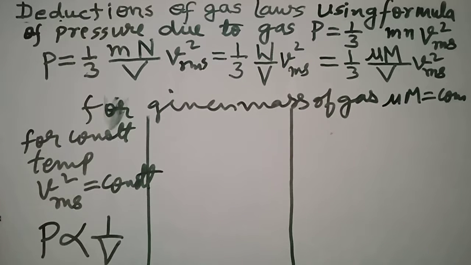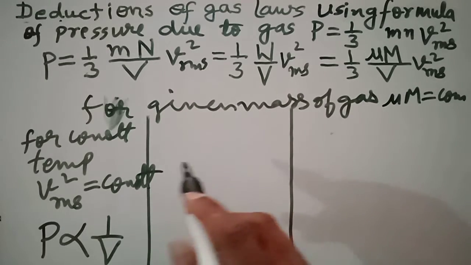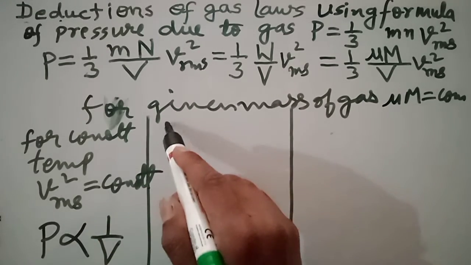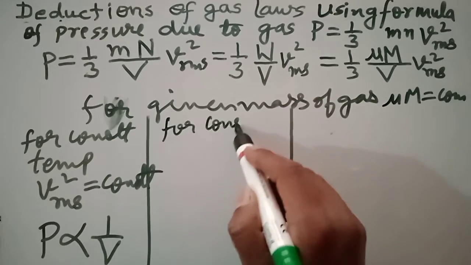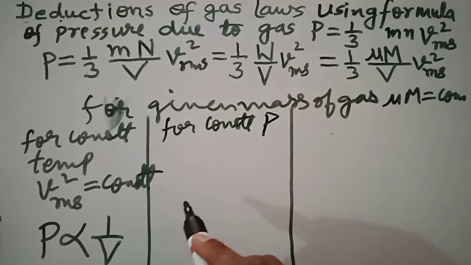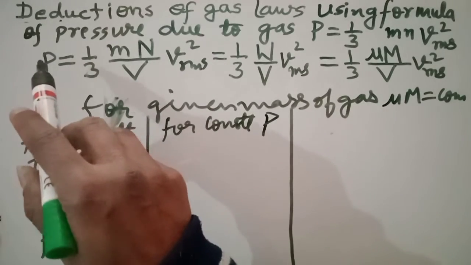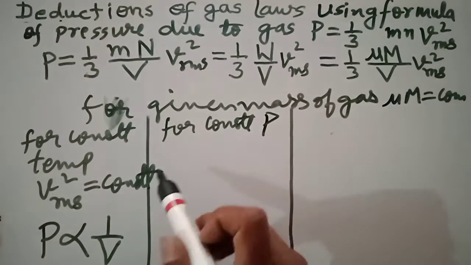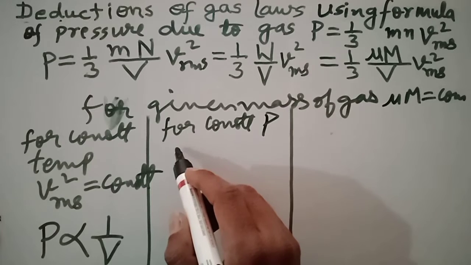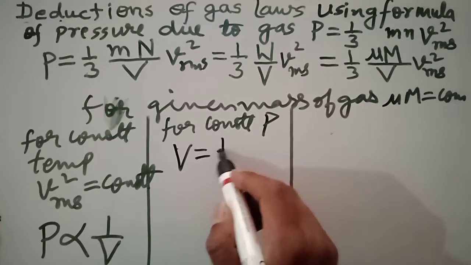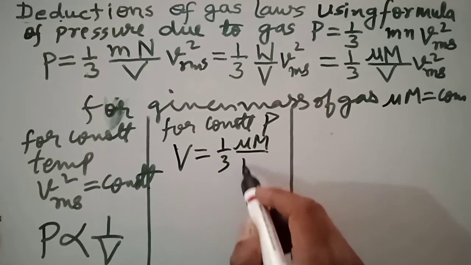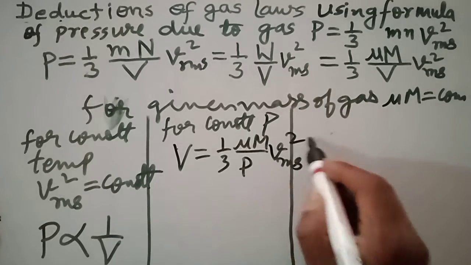Now, Charles' law. Once again, for constant pressure, we have to interchange this. We will cross multiply V here and we can shift P here. So for constant pressure, V is equal to 1 by 3 mu m upon P and Vrms square.